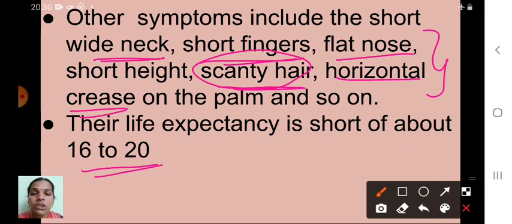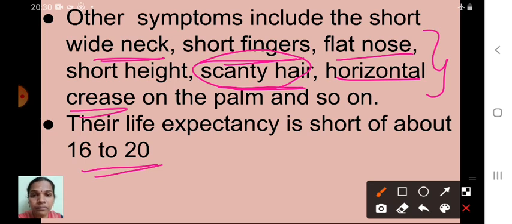Understood, children? Today we discussed what is meant by genetic disorders and how they occur. Next is chromosomal abnormalities. What is meant by chromosomal abnormalities? Three examples are there, isn't it, children? The first one is Down syndrome. What is meant by Down syndrome?